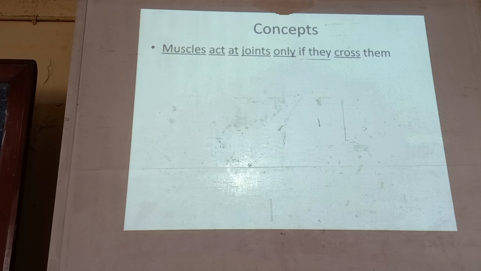Is this clear? You have to understand what we mean by the word muscles, what we mean by the word act, what is at, what is joints, what is only, and what is cross. These are six concepts we are going to discuss.